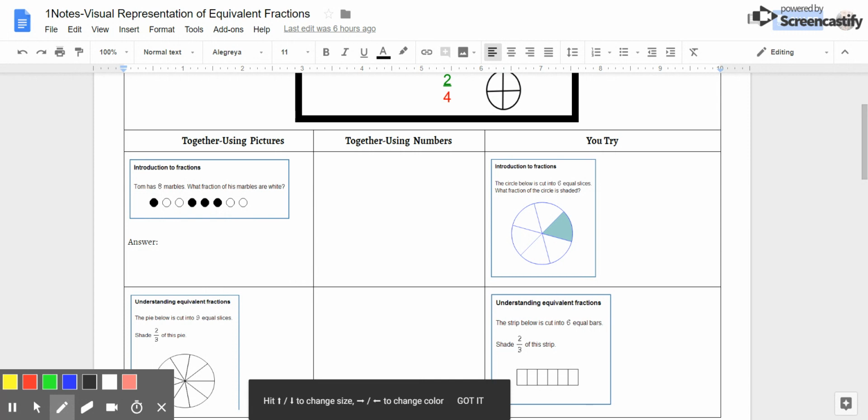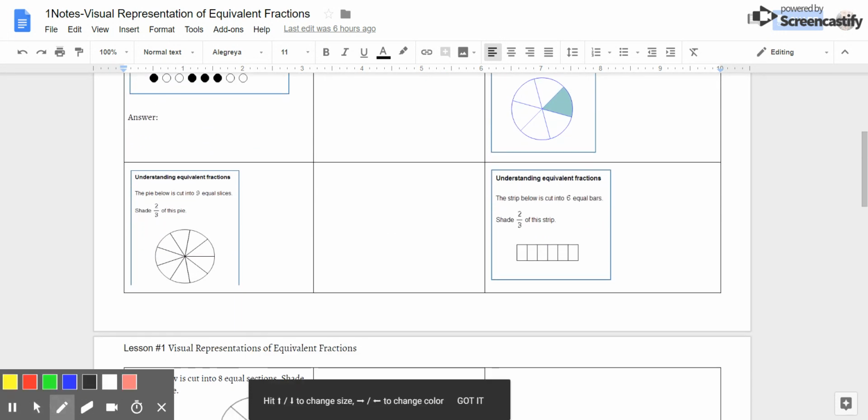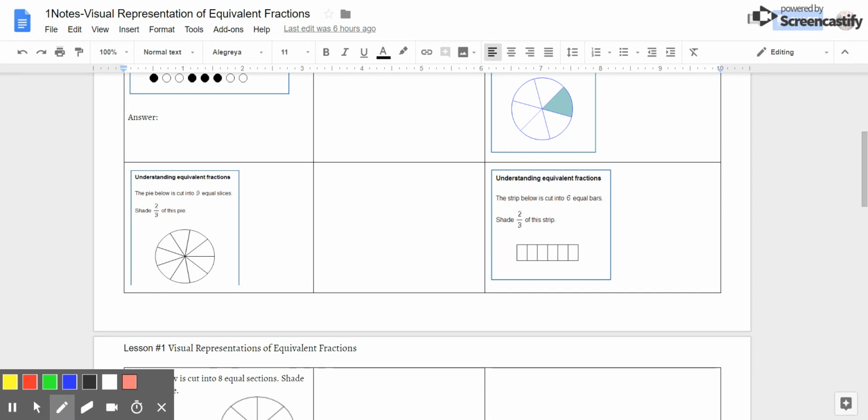Okay. We can also look at fractions with a pie. It says the pie is cut into 9 equal slices, and we want to shade 2/3 of the pie. Well, 2/3 does not look like a denominator of 9. So what exactly does that mean? That means 2 out of every 3 slices are shaded.